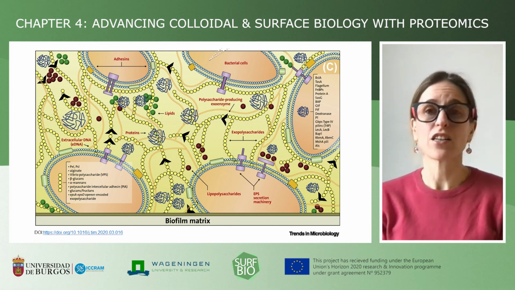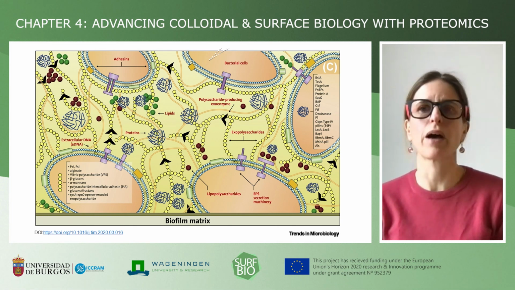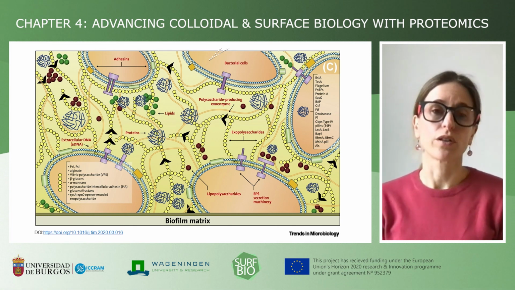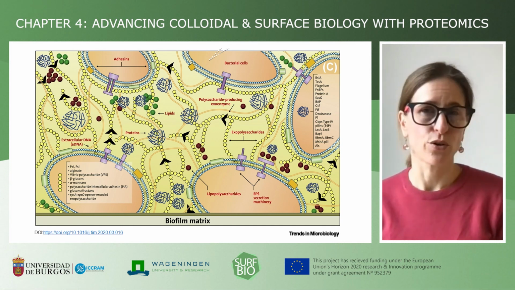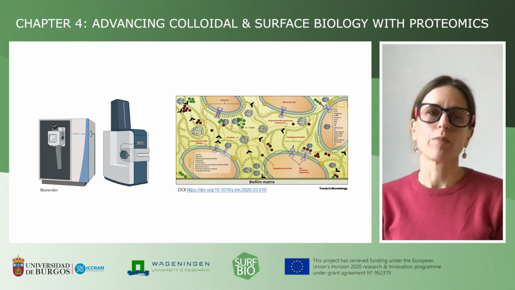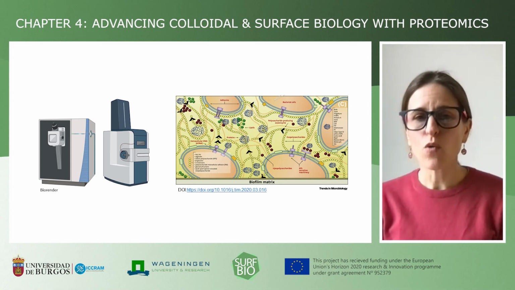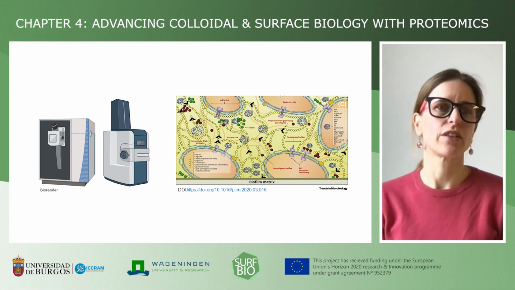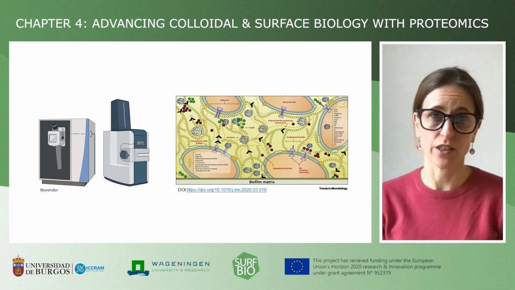Proteomics uses mass spectrometers in combination with biochemical or biophysical methods to identify and quantify proteins. At the end of this video, you should know what mass spectrometry-based proteomics is and how we can dissect the factors of interaction between cells in a biofilm using proteomics.